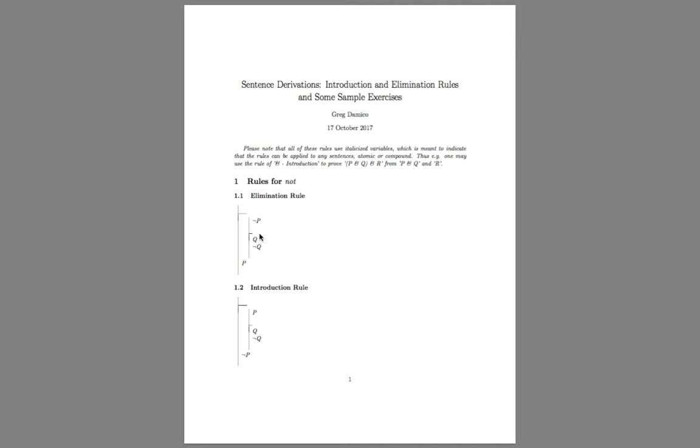Well, one obvious way to do it is to try to prove a contradiction from the assumption that not P. Or vice versa, how do you prove that not P? Here's an obvious attempt. Try to prove that the assumption that P leads to this absurdity of the contradiction that Q and not Q. Okay?